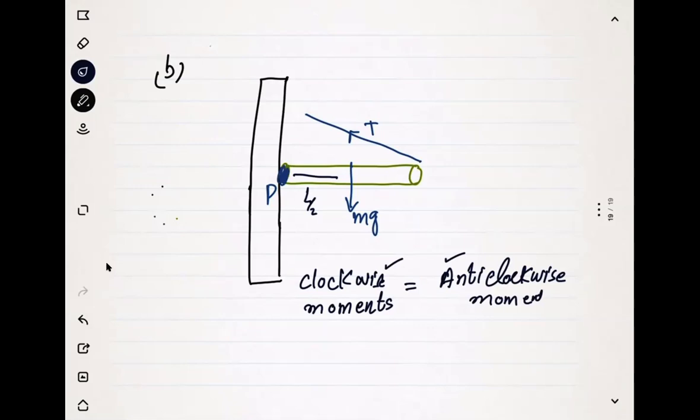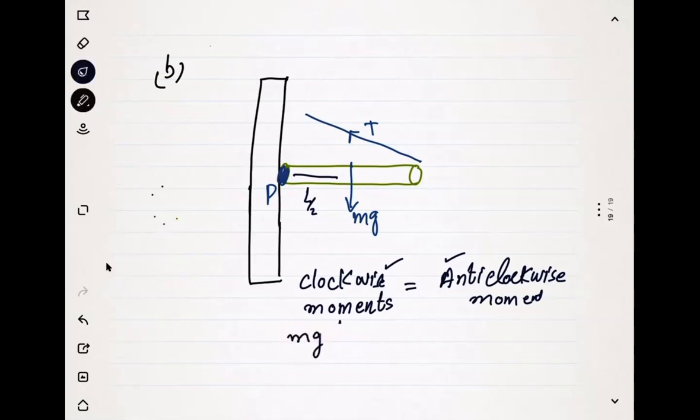Now mathematically, the clockwise moment would be due to mg, so mg times the distance.